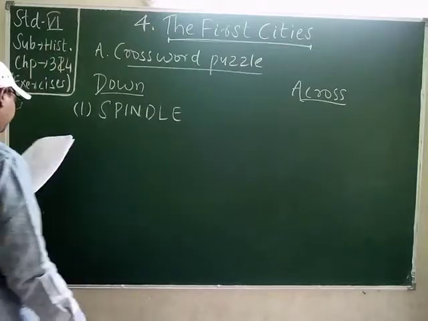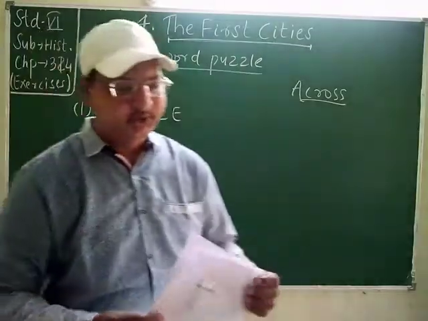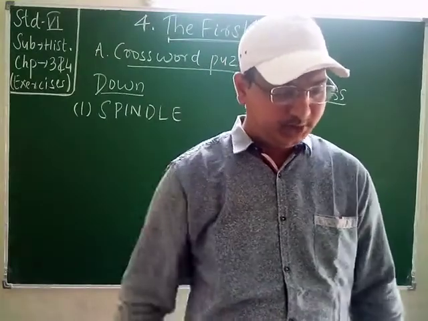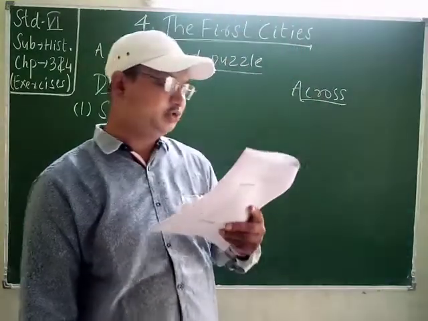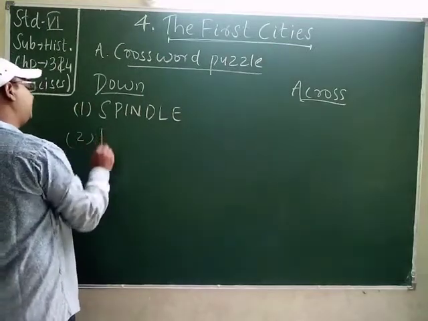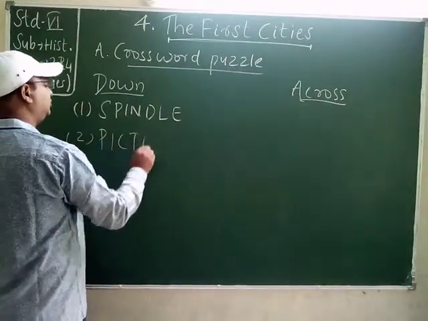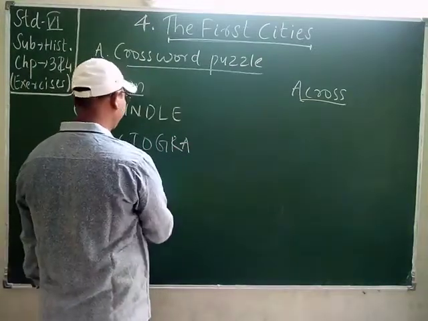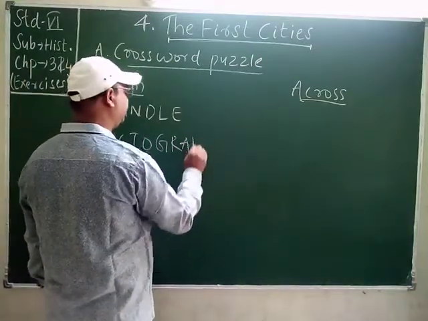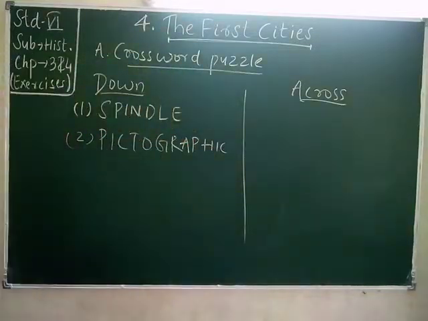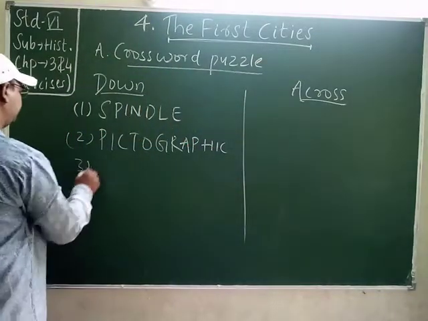You have to write in the boxes given here. I am just writing in the open area. Then students, second one is Harappan script. So what was the Harappan script? Pictographic, means the form of pictures they used to represent what they want to say. Pictographic.